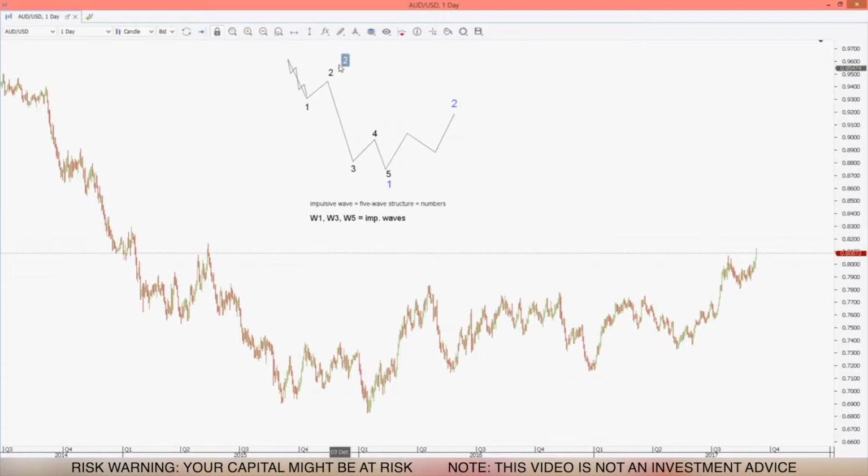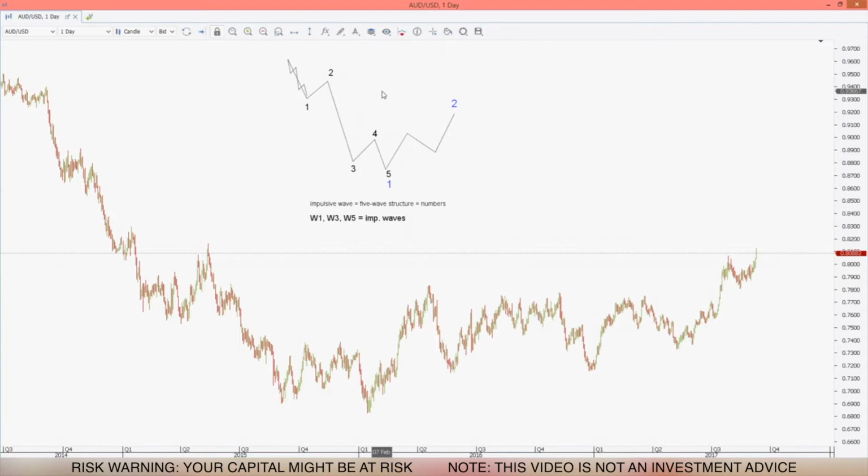The same rules of an impulsive wave should be valid for the first wave, the third wave, and the fifth wave. In an impulsive wave, the second and the fourth wave are corrective waves. You have only 2 options when it comes to Elliott waves: either a move is impulsive or corrective. If the first, the third, and the fifth are impulsive, then the second and the fourth are corrective.